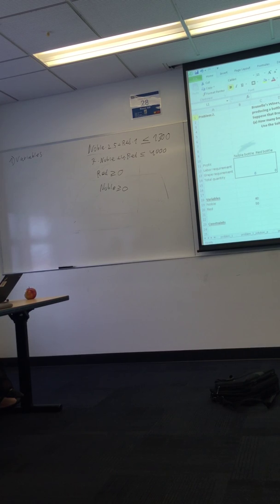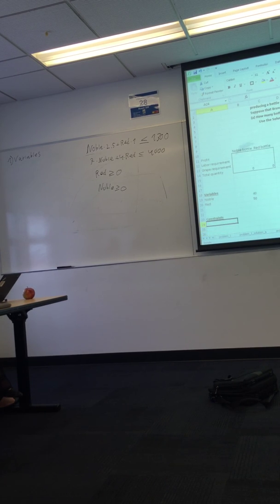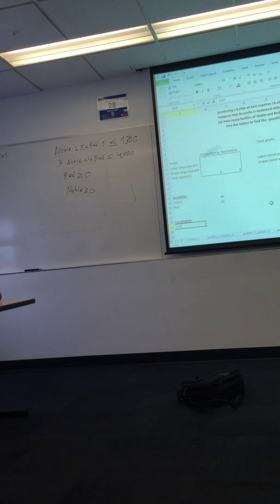Now let's set the constraints. The way I set a constraint, and everyone has their own way, I can write: 2.5 multiplied by Nobel plus 1 multiplied by Red.